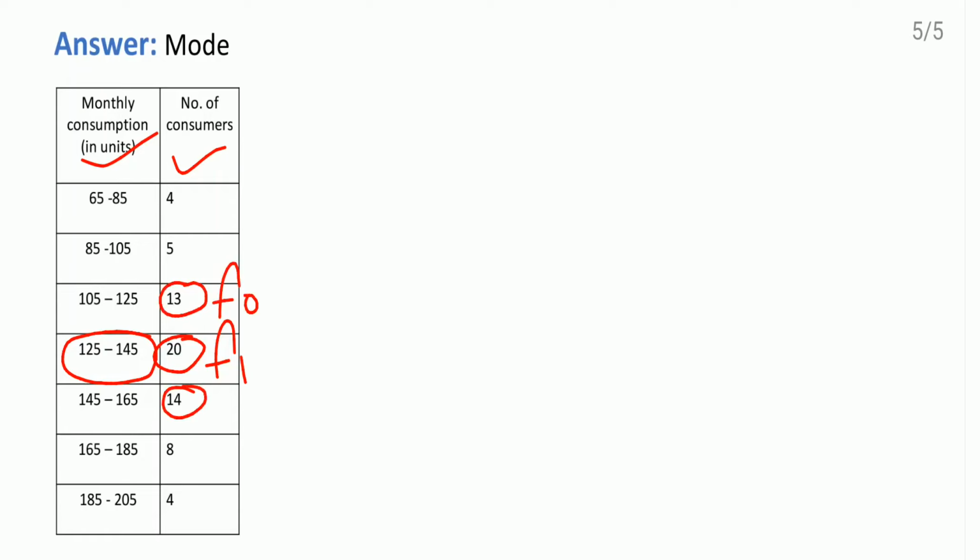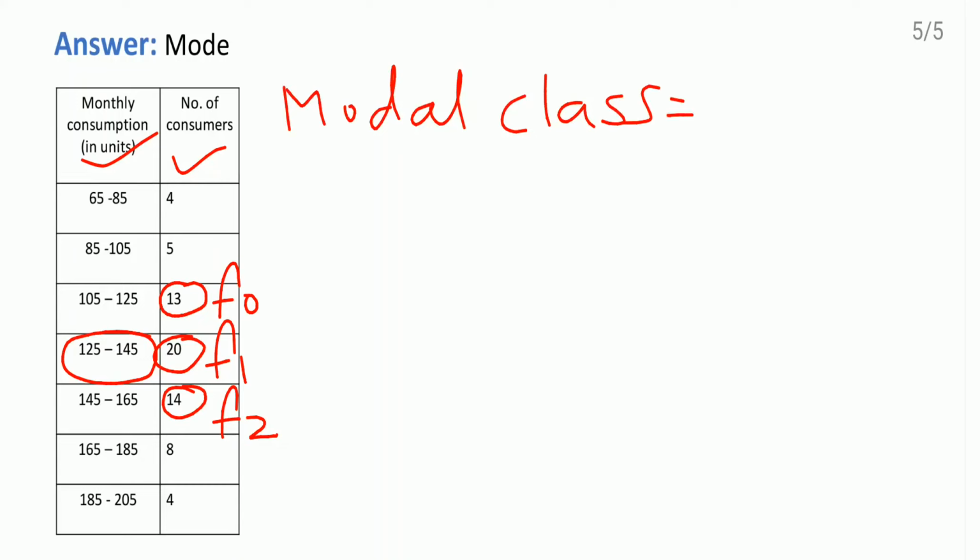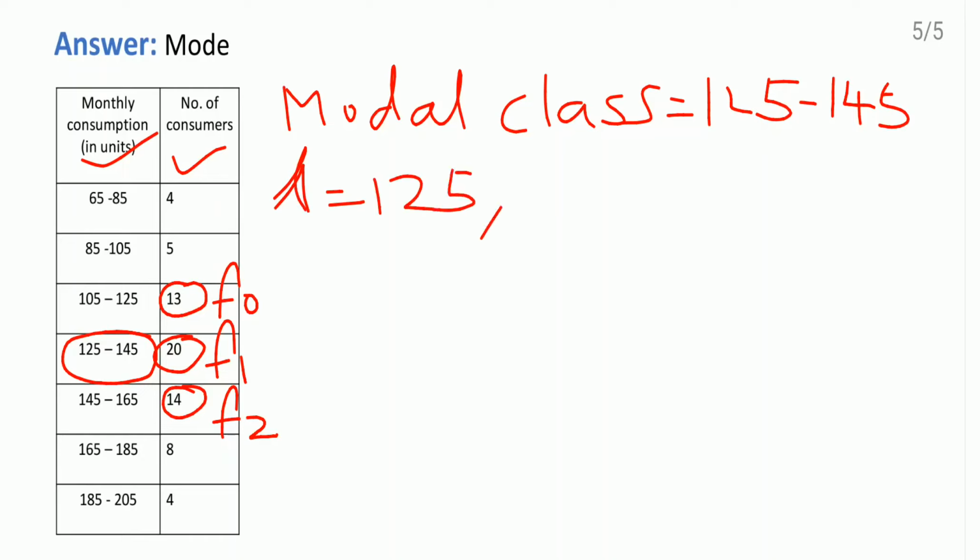The frequency of the succeeding class is f2, right? So here I'll write down the modal class, which is equal to 125 to 145. So our lower limit L is equal to 125. Class size, once again, upper limit minus lower limit, comes as 20.